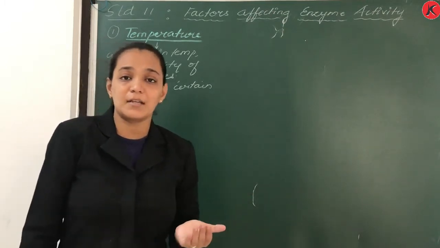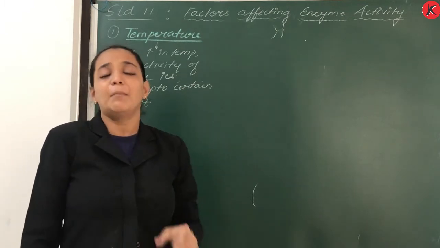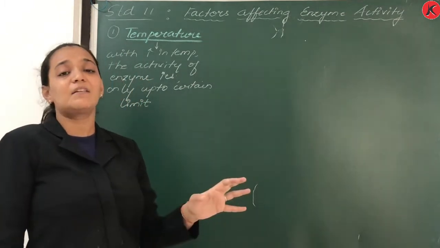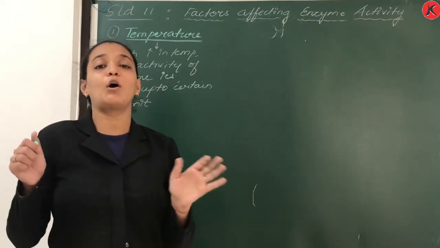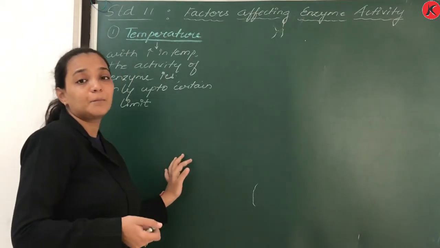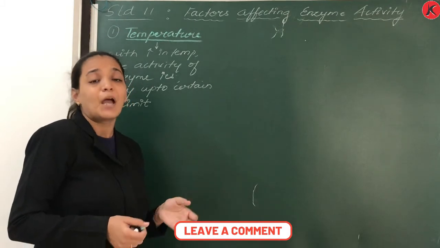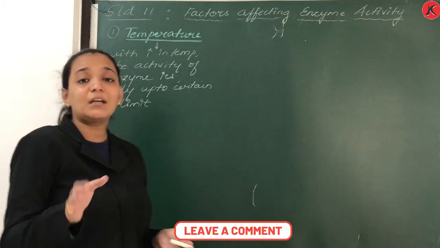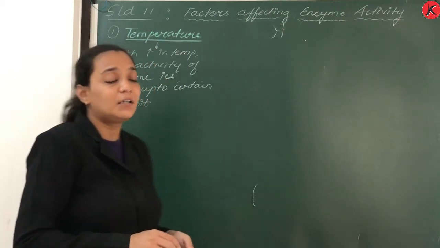There are some organisms which can survive at 80 or 90 degrees Celsius, but they are very few and their enzymes can function even at very high temperature. But for most of the organisms existing on this planet, there is a limit of temperature up to which the enzyme activity is going to increase. After which, if you keep on increasing the temperature, the activity of the enzyme is going to decrease.